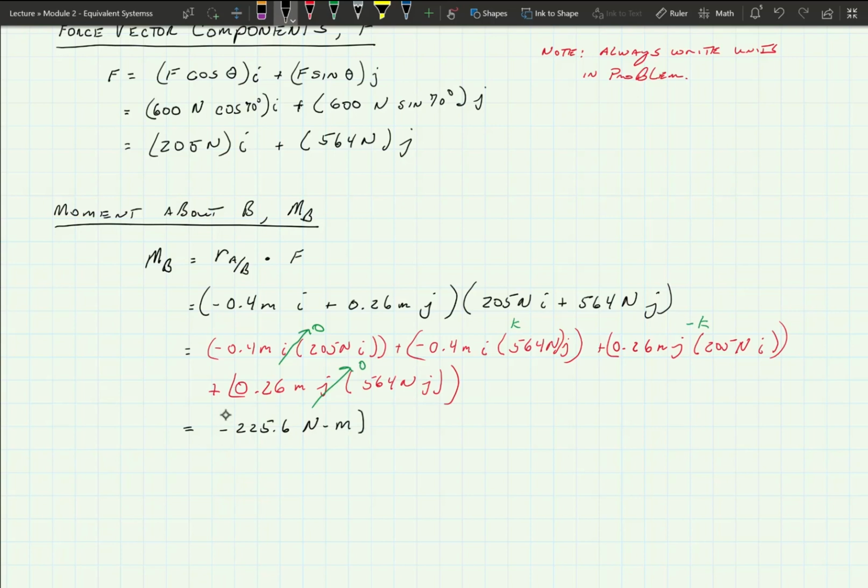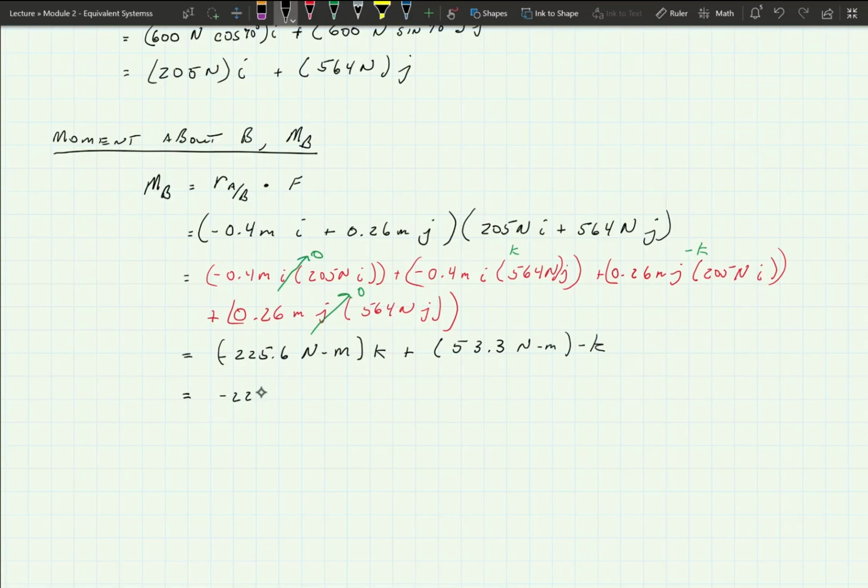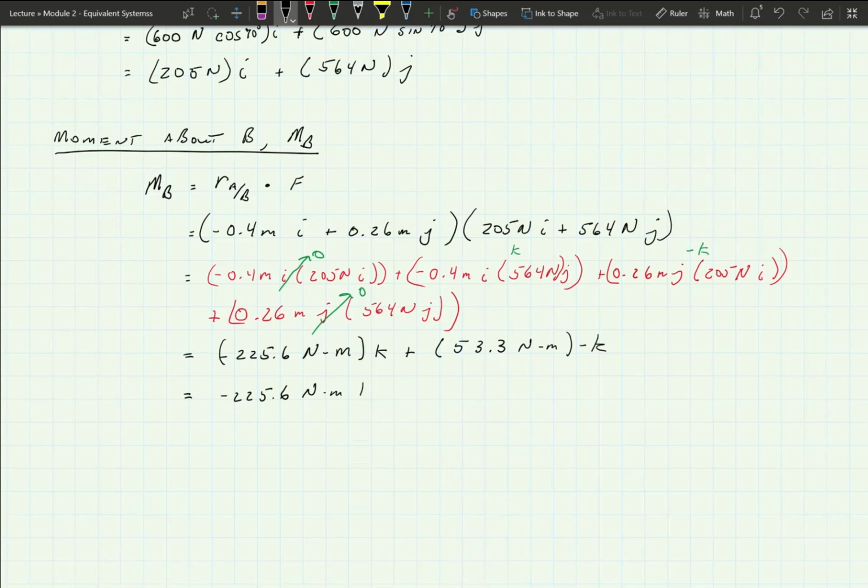I get a K value, plus 53.3 Newton meters negative K. You could skip this step and go right to this one, depending on how gutsy you are. If you make a mistake, I can see where you made the mistake if I can see all the work. But as long as you get there in the end, that's the important part. And that's K.